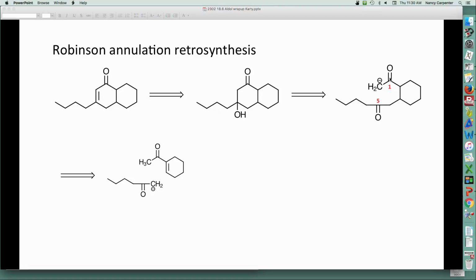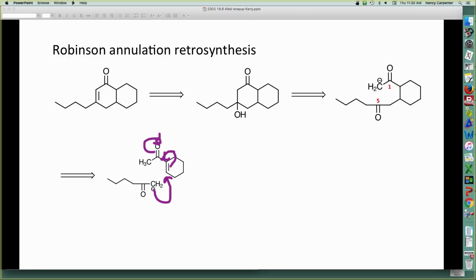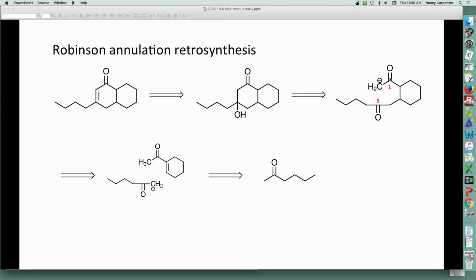And I have chosen to show you that one where I break off my Michael addition into two separate pieces. So this is an intermolecular reaction where I'm going to add here and kick out my electrons onto the oxygen there. That should give me this guy. And of course, I'm skipping a few steps like the formation of that other enolate. This is just the brainstorming part, not the nitty-gritty details.